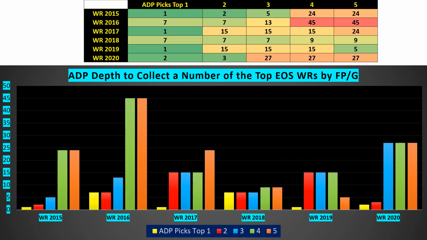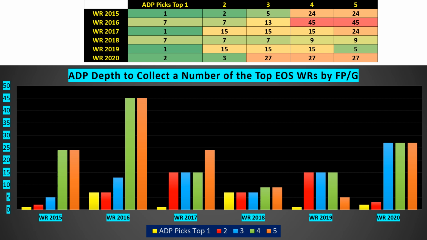So I like to do this little mental exercise here from 2015 to 2020. Here's a table. And the question is, ADP picks to try to draft the top 1 wide receiver. How deep do you have to go? Some years, the top. Okay, 1 year last year was number 2, and the worst years have been 7.